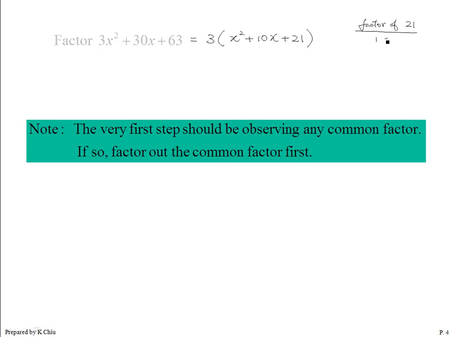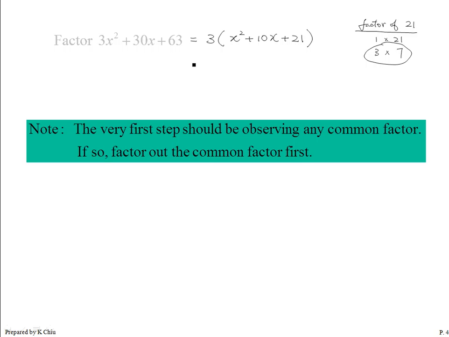So I have 1 times 21, 2, no good, and 3 times 7. 4 cannot go into that. 5 cannot go into that. 6 cannot go into that. 7, I already have 7. So I'm done. Which pair will add up to positive 10? The second pair. So I circle that.